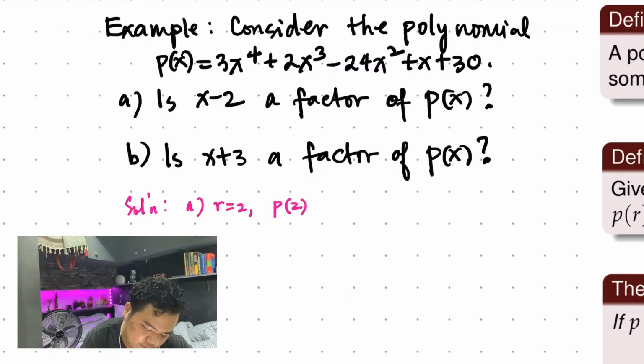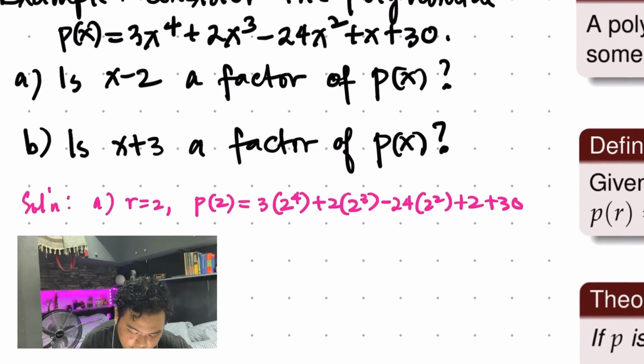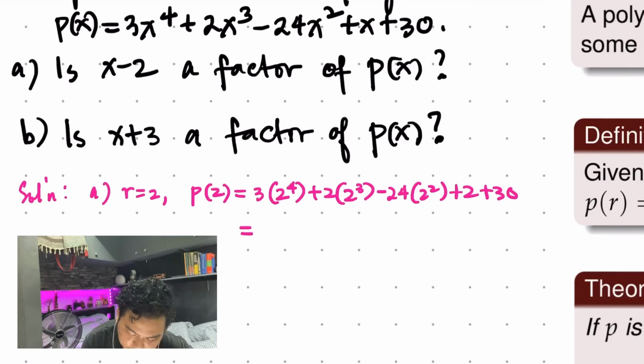So, what is p of 2? 3 times 2 raised to 4 plus 2 times 2 cubed minus 24 times 2 squared plus 2 plus 30. Ang laki naman nito. 2 raised to 4 is 16 times 3, so that is 48. Plus 8 times 2, 16. Ito naman, 24 times 4, 96.